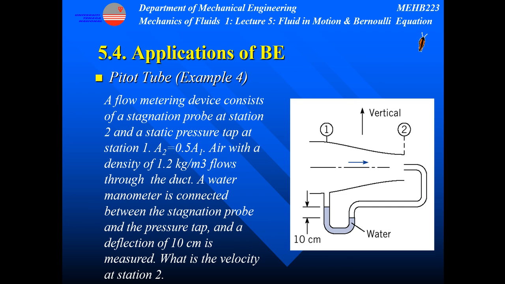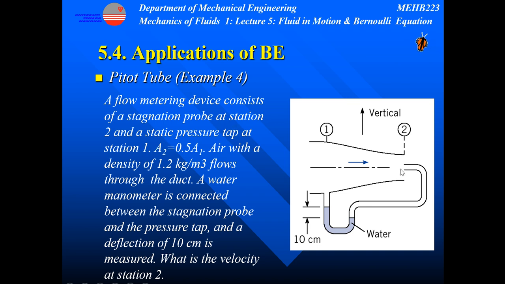A pitot tube example. A flow metering device consists of a stagnation probe, basically a stagnation tube, at station 2, and a static pressure tab at station 1.